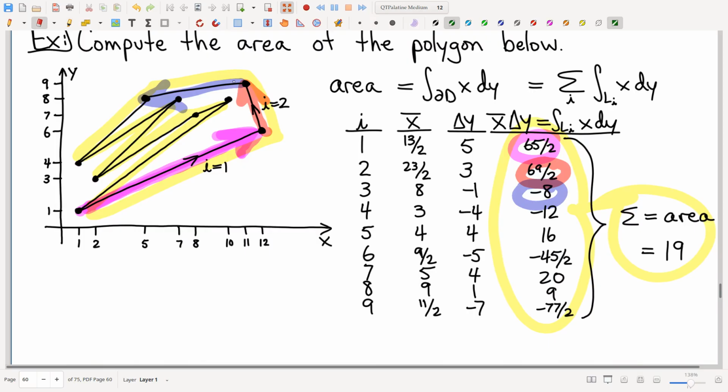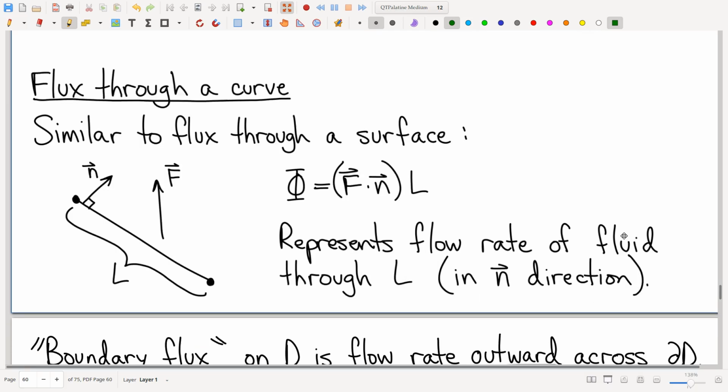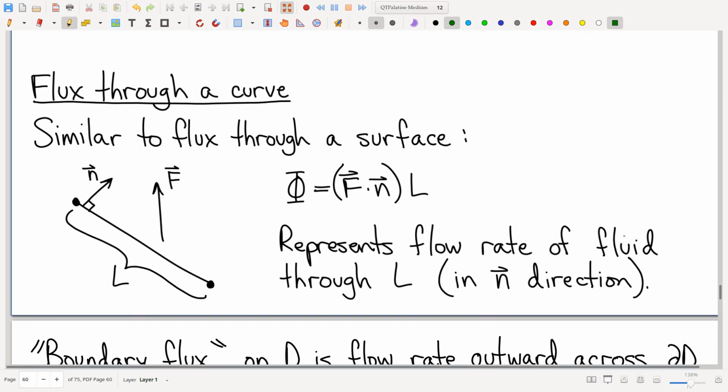Okay, so a nice little cute application. Let's see another application. This is about flux. And y'all probably remember we talked about flux a long time ago, back in chapter 3, and in particular we talked about 3-dimensional flux. And the big idea of flux is you've got a fluid that's flowing, like, let's say air in this room maybe is flowing that way.